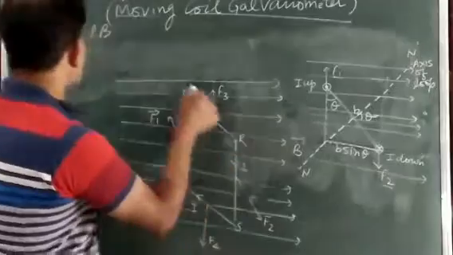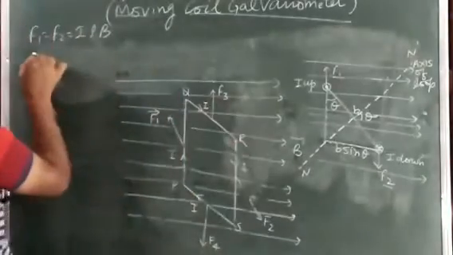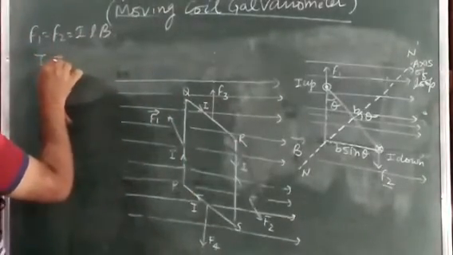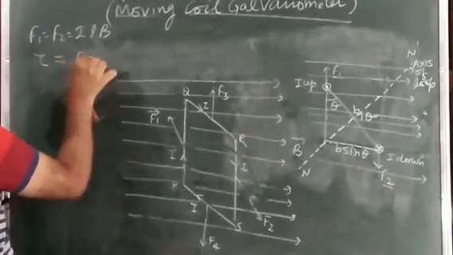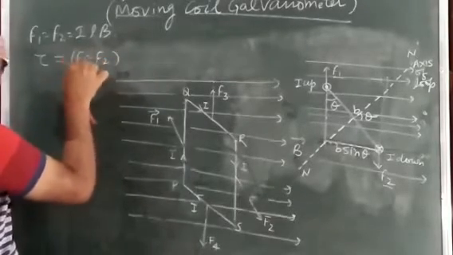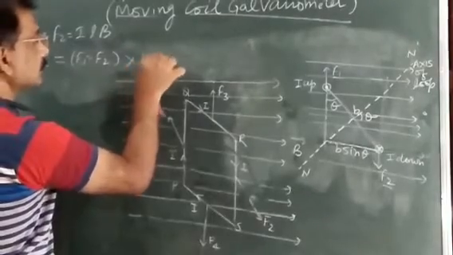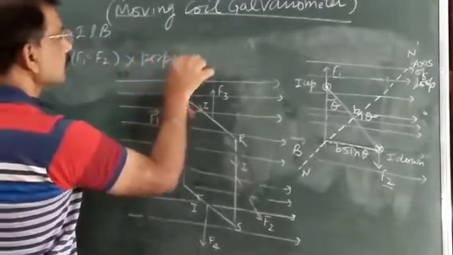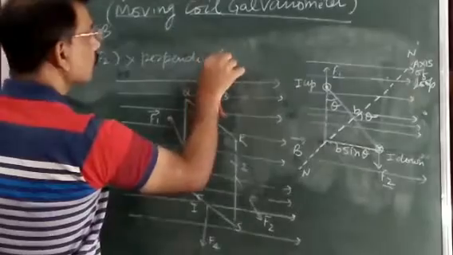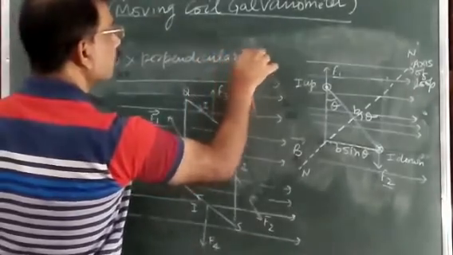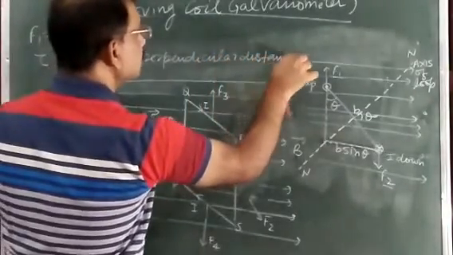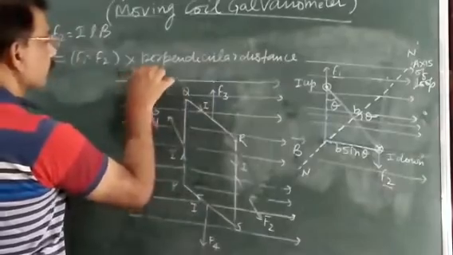So how much is the torque acting on this loop? Torque tau is equal to F1 is equal to F2, the magnitude of the force into the perpendicular distance between forces.